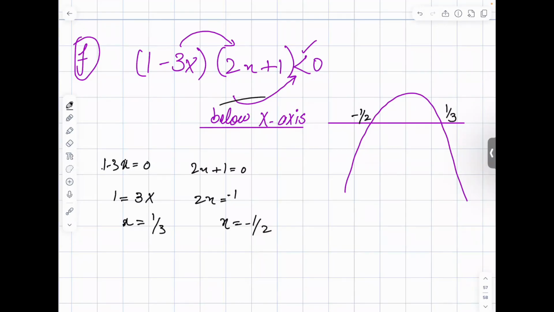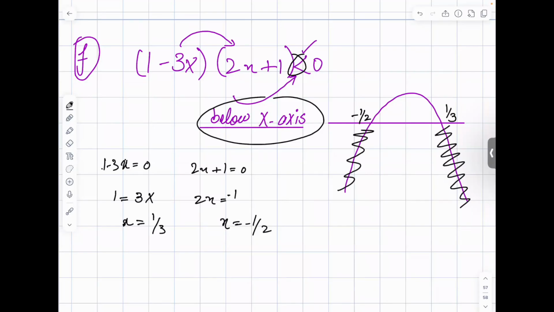Now, we are looking for the portion of the graph which is below x-axis. Less than 0 would mean negative or below the x-axis. So we are looking for this portion of the graph or this portion of the graph, right? So my final results would be x is less than minus 1 by 2 and x is greater than 1 by 3.